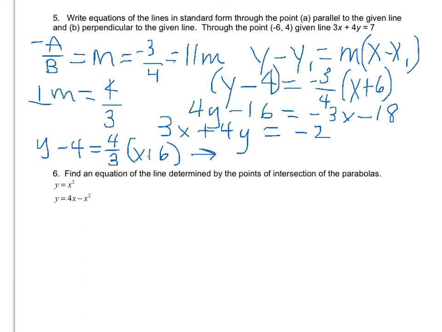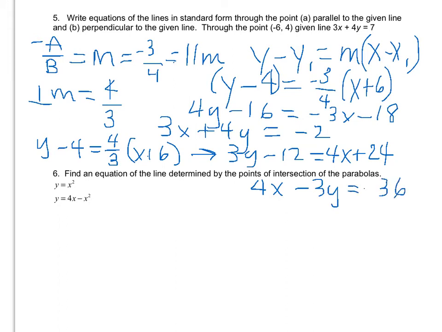Now I'm multiplying by 3, getting the fraction out of there. 3y minus 12 equals 4x plus 24, and you would move that 4x over and you get -4x plus 3y equals 36. And make sure that you can't have a negative leading coefficient, so your final answer is going to be 4x minus 3y equals negative 36.